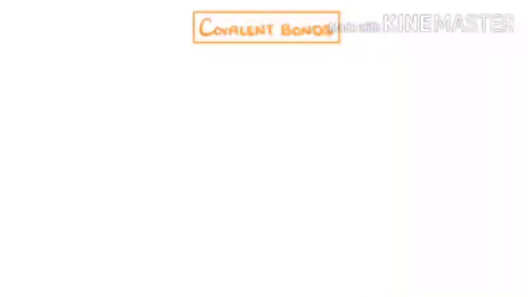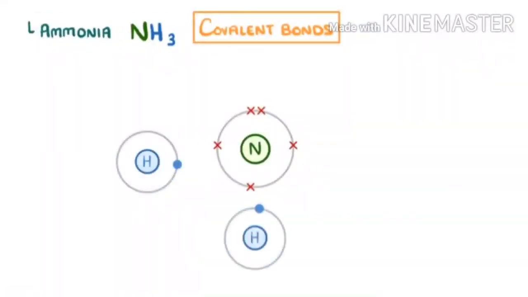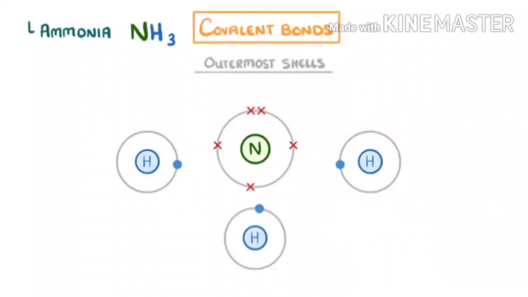Next example is the ammonia molecule. In ammonia, there is 1 nitrogen atom and 3 hydrogen atoms. Here nitrogen is the central atom which contains 5 electrons in its valence shell, whereas the 3 hydrogen atoms are the surrounding atoms which have 1 valence electron each.